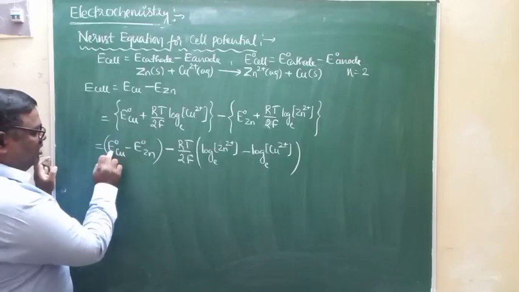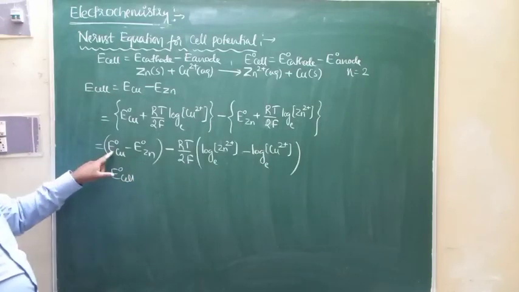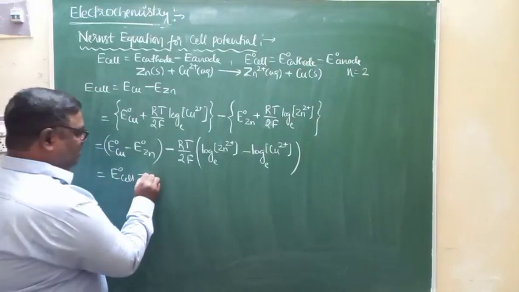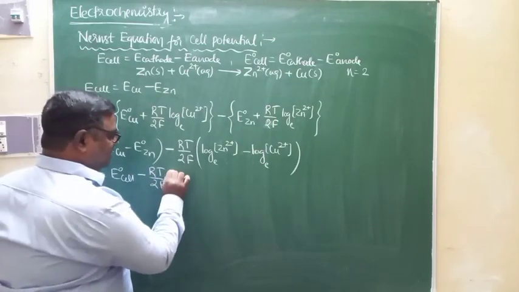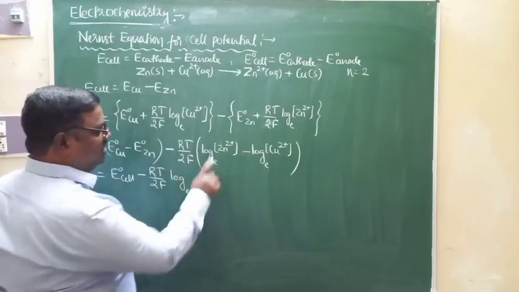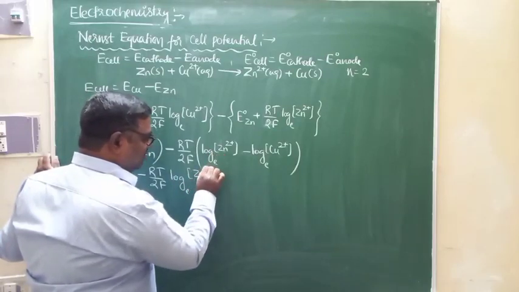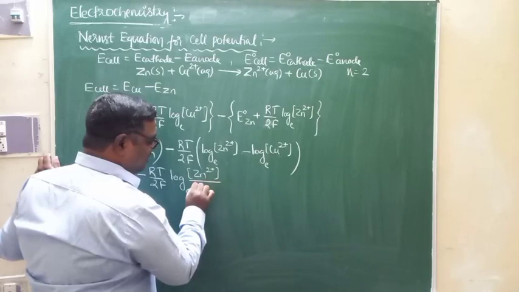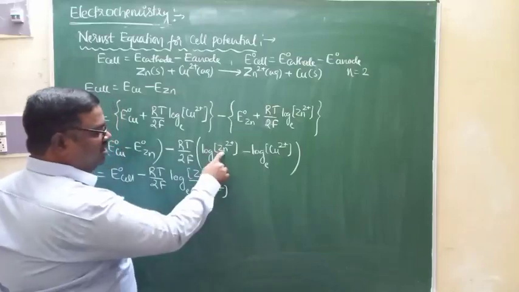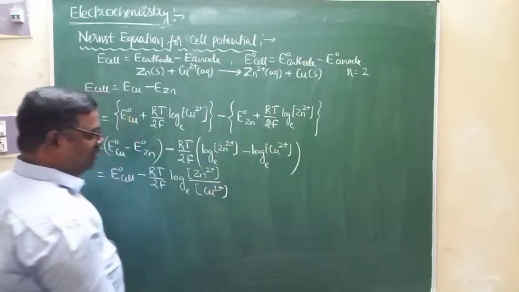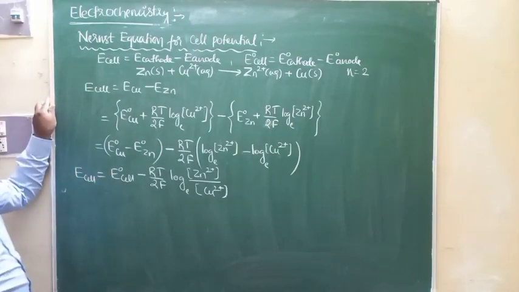Now at this moment E naught of copper minus E naught of zinc can be replaced by E naught of cell, minus RT by 2F for the Daniell cell, and of course log A minus log B is log A by B: the concentration of zinc ions divided by the concentration of copper ions. So this is what we call the expression for E of cell.